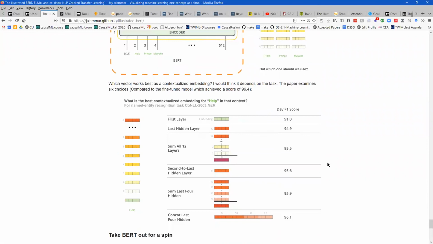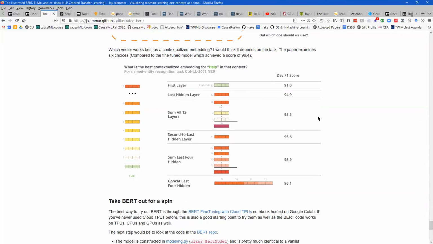And then, as Srinivas said, you can combine them in some way with the original embedding. So there are 12 layers plus the original embedding, just like in ELMo, where there were 2 LSTM layers plus the original word embedding. So he shows, I guess here, different ways of combining the last 4 hidden layers.